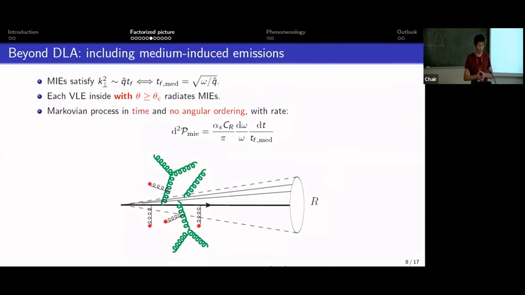So if you want to agree with data, where we clearly see jet quenching, you need to include medium-induced emission in this picture, but it's beyond the DLA formally. And the way to include it is precisely to rely on this factorization, because we know that these medium-induced emissions, which are the dominant contributions to the large angle energy loss of the jet, have a kT squared which precisely satisfies the lower bound of the in-medium phase space.